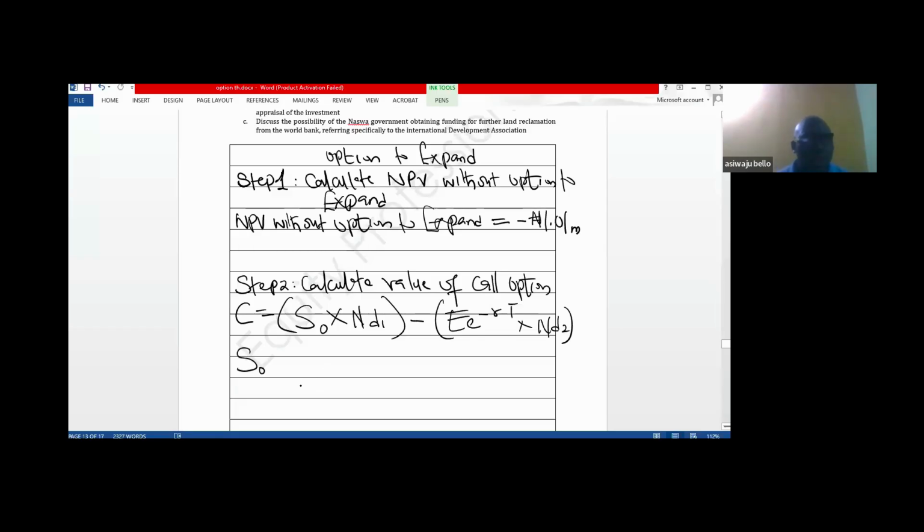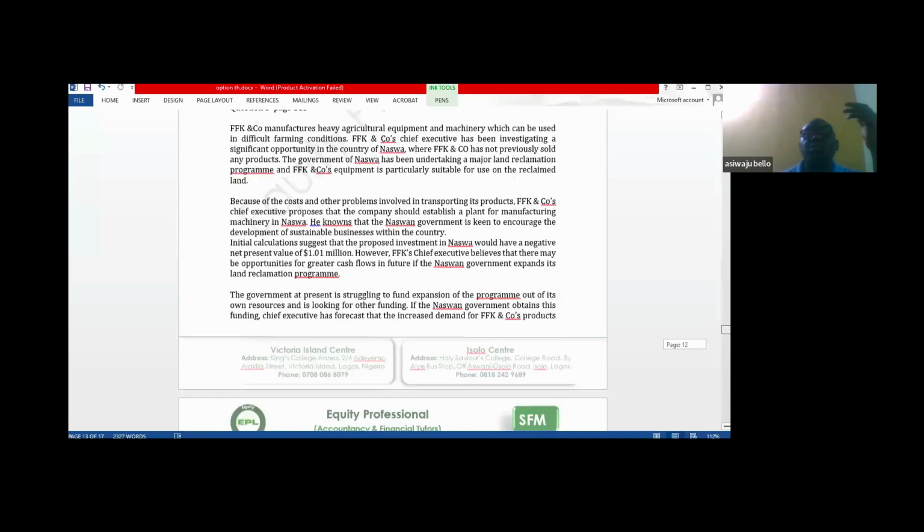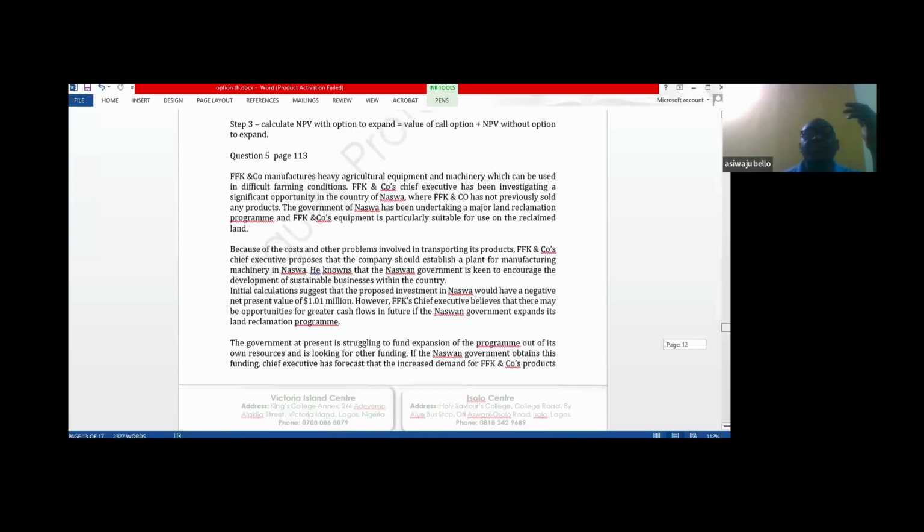XO is the present value of future cash flow after expansion. Our E is the additional investment cost. Look at it.